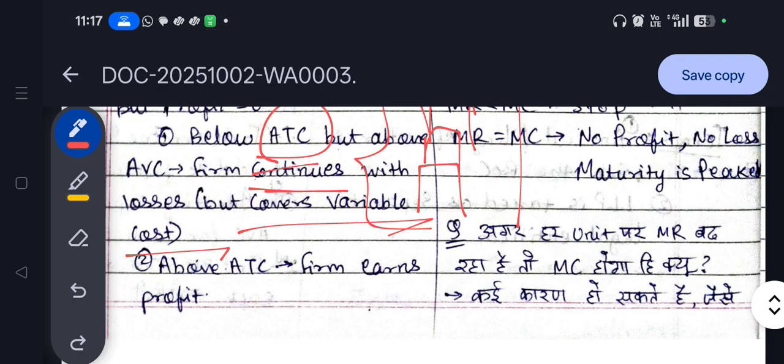So if they want to earn profit after removing all the expenses, they have to earn through marketing strategies or some other way. They have to attract customers, which produces above average total cost, where the firm earns profit.